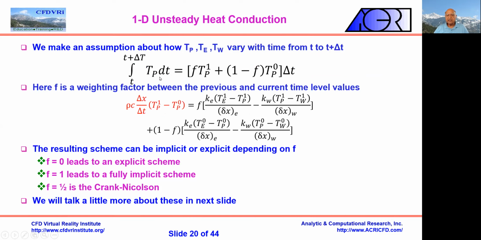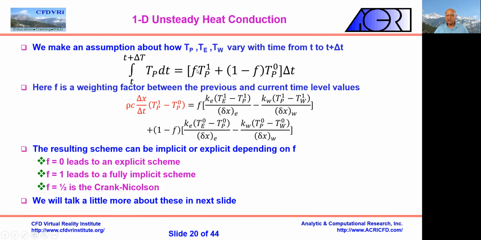So let's assume that the right-hand values, which we don't know, are a weighted function of the new and old values. Of course, if the function is smooth and has a definable gradient, then this is required from the continuity point of view, right? So this value must fall between the old and the new value.